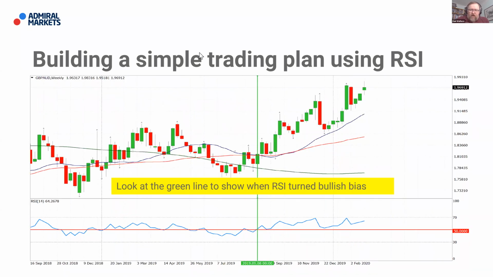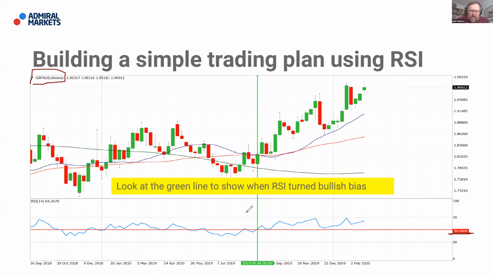So here's another example. This time our bias, our trend direction on our higher time frame chart, is the pound against the Australian dollar on the weekly chart. I've drawn in my horizontal 50 line.